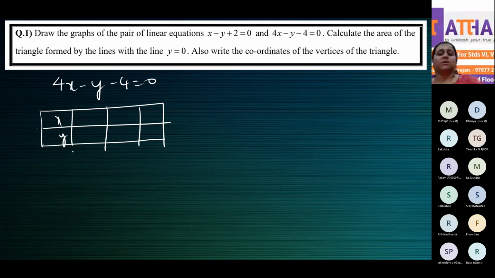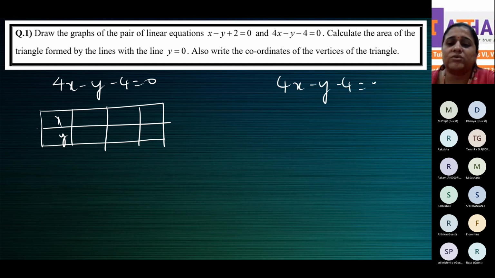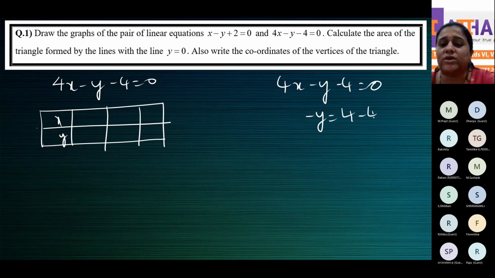See, in some schools, they substitute as it is. But in some other schools, like ours, this is the conventional method. Now here, I'll write y in terms of x. Minus y is equal to 4 minus 4x. So now changing the signs throughout, you get y is equal to 4x minus 4.